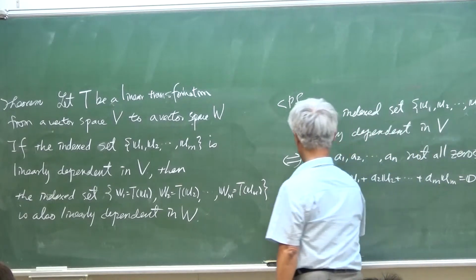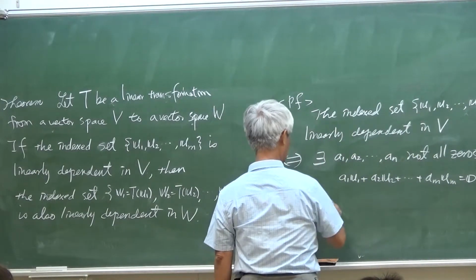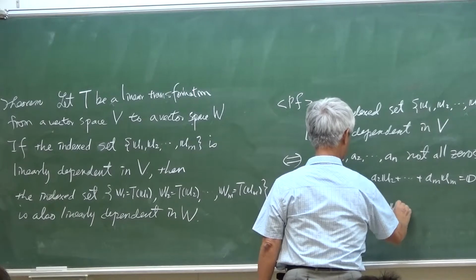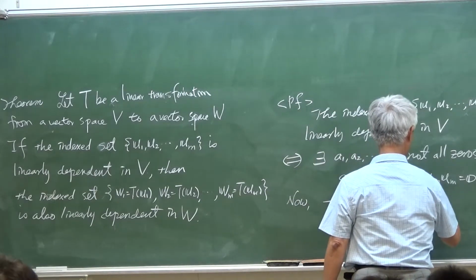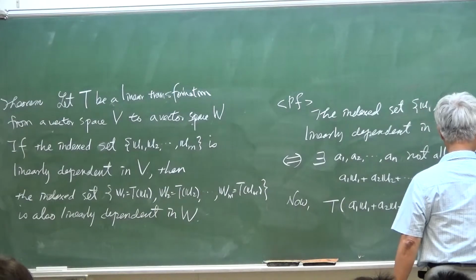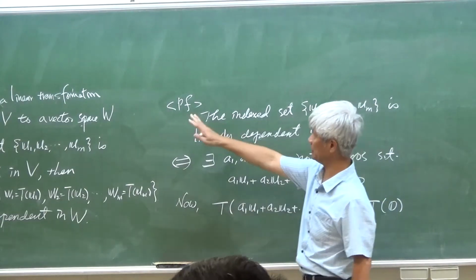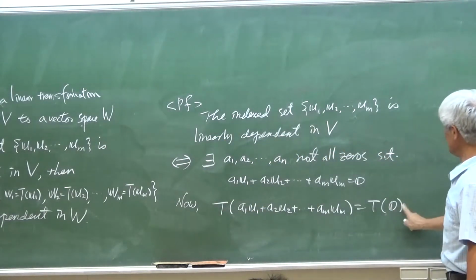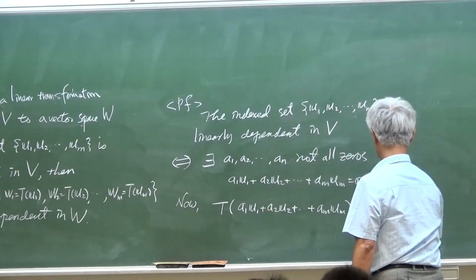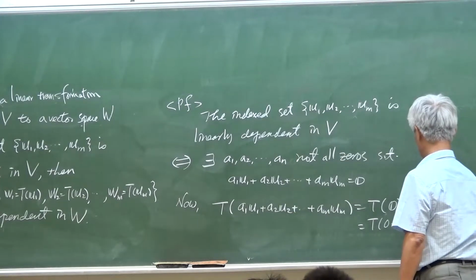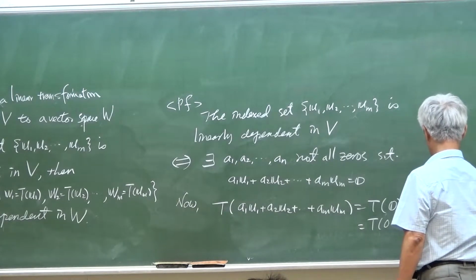So now we take the linear transformation T. We know this is T of 0 times the zero vector, so this is 0 times T of the zero vector, so this is 0.